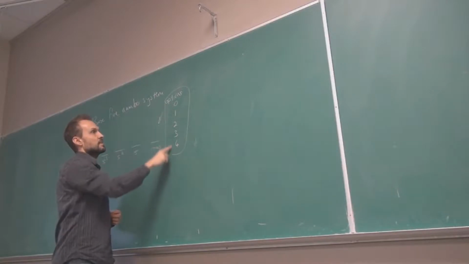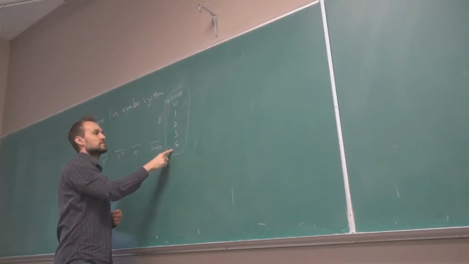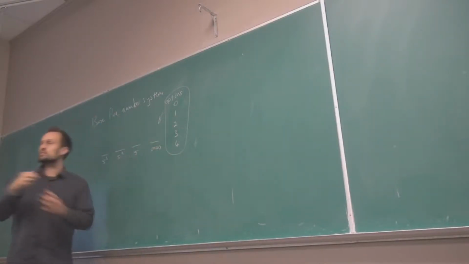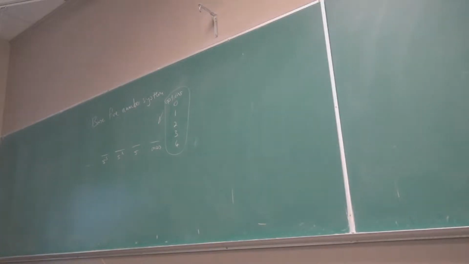And you see the number of options is the same as the base value, 5. Because I'm starting at 0, it goes up to 1 less than the actual base value. So 0 to 4.